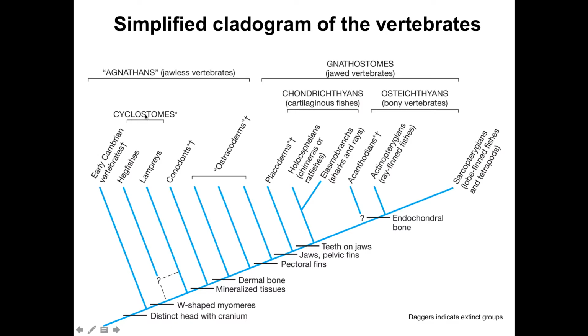They're also colloquially known as cyclostomes, or round mouths. There are several extinct groups that are very strongly apparent in the fossil record, including the ostracoderms, which were probably closer to the jawed vertebrates than the living jawless vertebrates. So even though hagfish and lampreys still occur, they probably represent quite an ancestral form of the vertebrates.